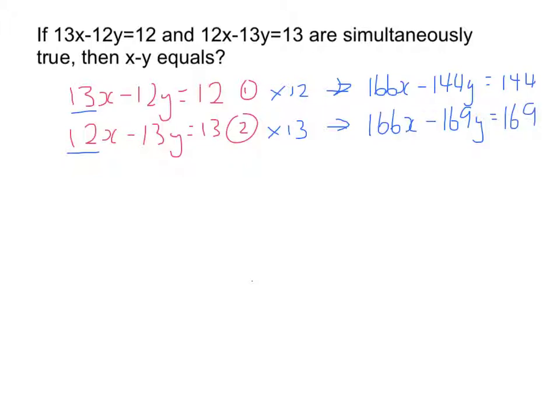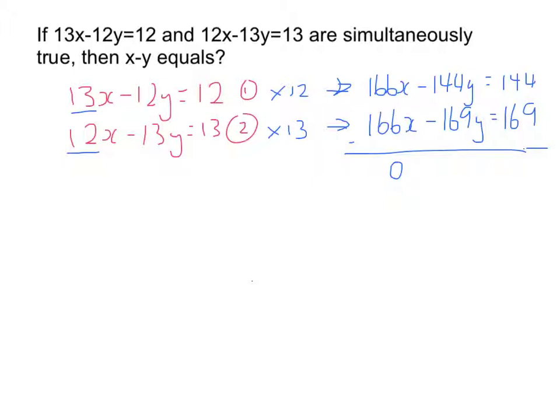Now we have the situation where the two x terms have the same coefficient. They're both positive, so I'm going to take away. So the top one take away the second one, 156 take away 156 is 0. Negative 144y take away negative 169y, so the take away negative makes that a plus.